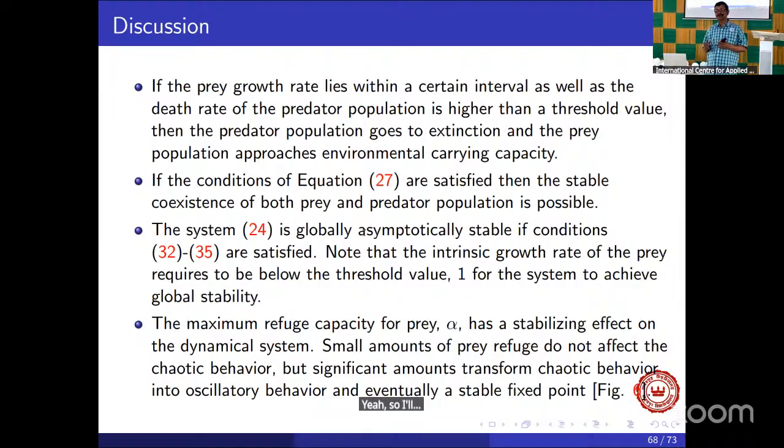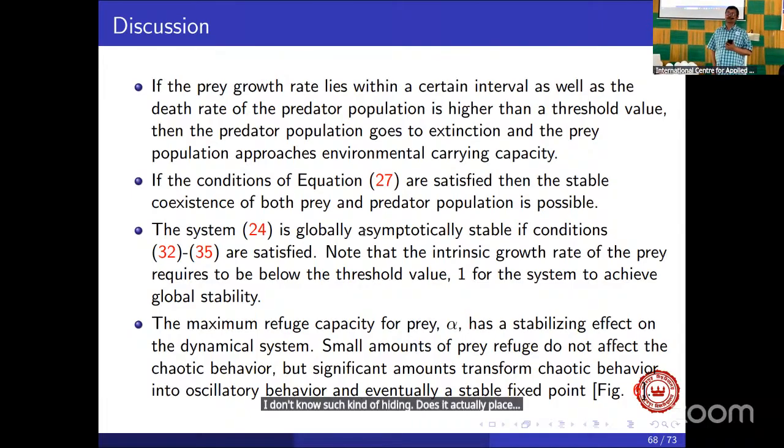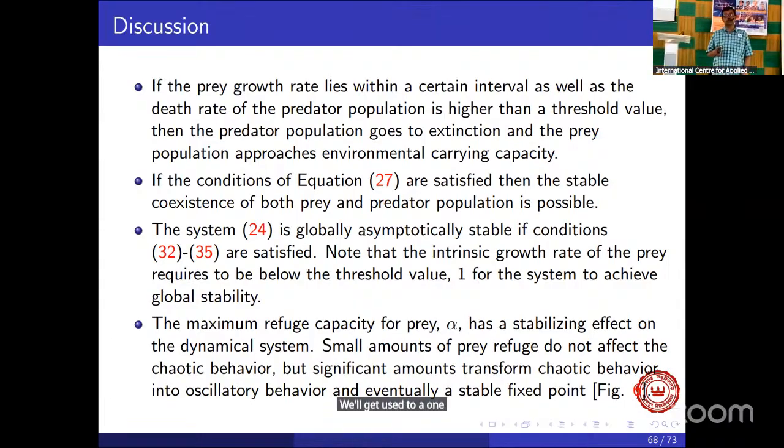Okay. I want to know, such kind of hiding or camouflage, does it actually place a sort of ban on the population of the prey? Camouflage is one type of hiding. But in nature, in biology, they move to refuge from one place to another, just like fish in the pond.